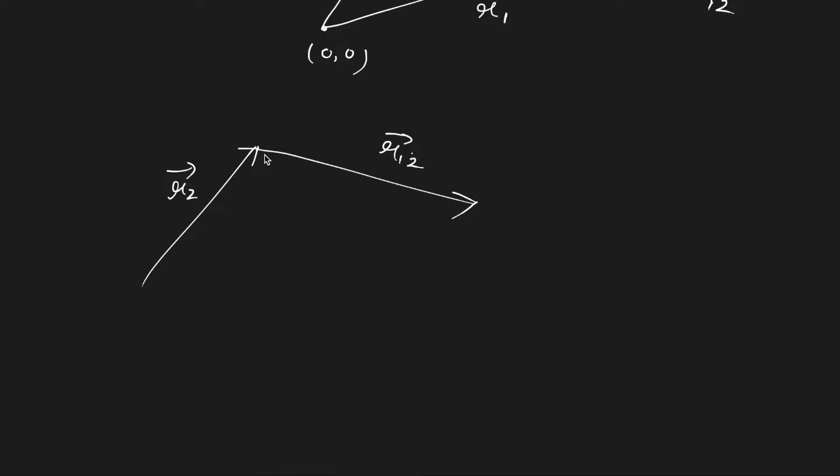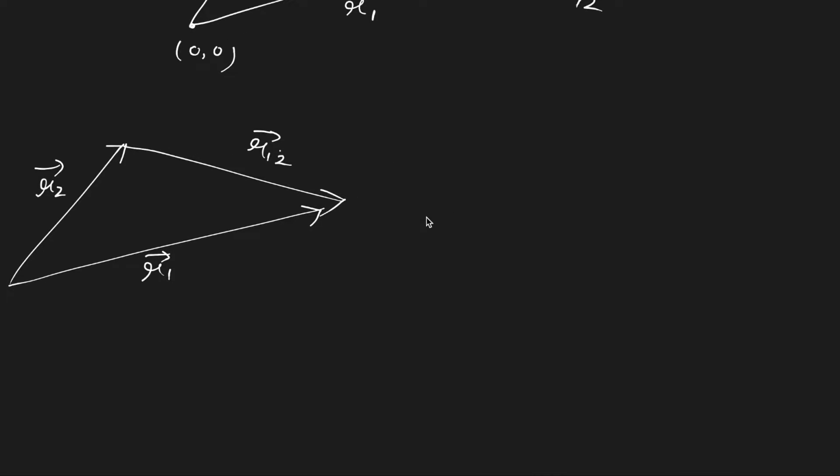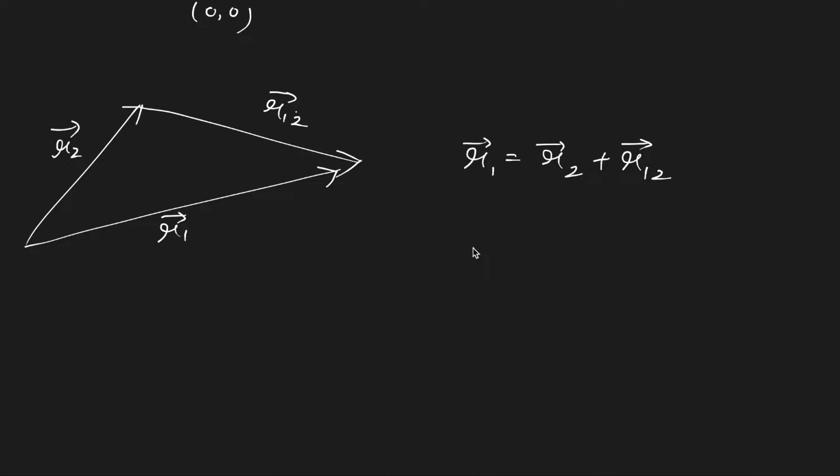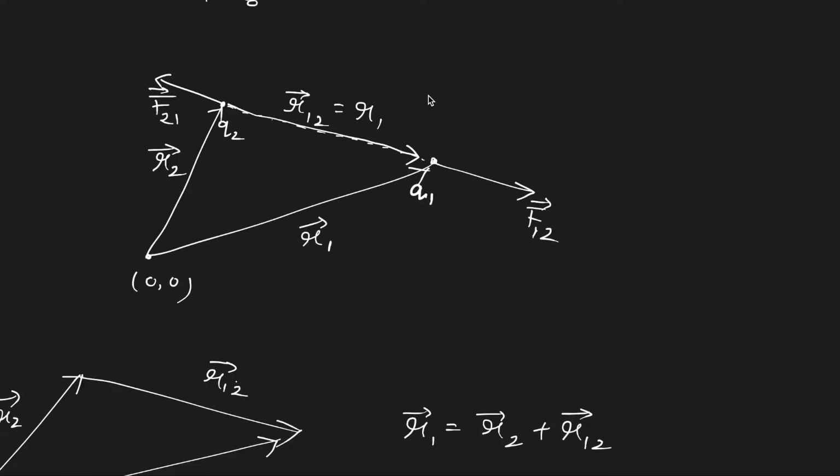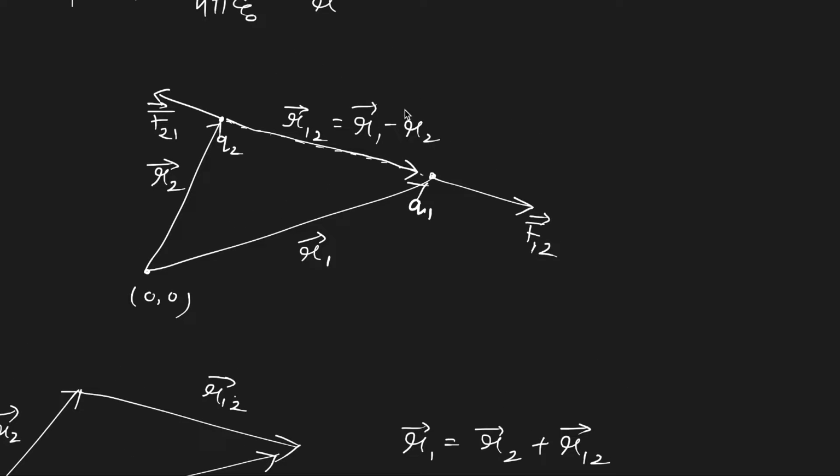Because one vector is on the head of the other, the resultant is the r1 vector. So r1 vector is equal to r2 vector plus r12 vector. If we find the r12 vector from it, we get r1 vector minus r2 vector.